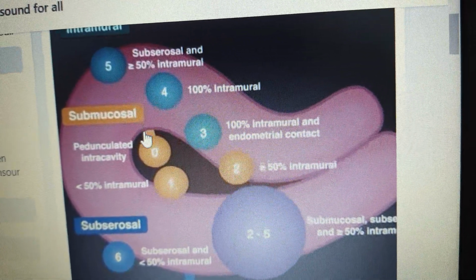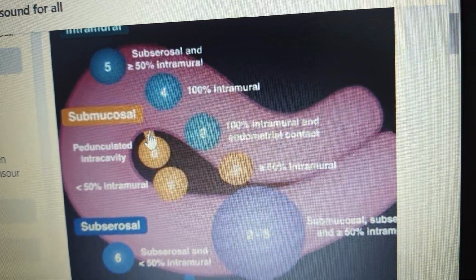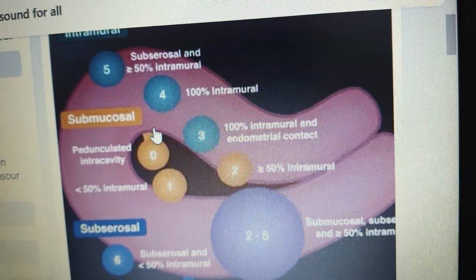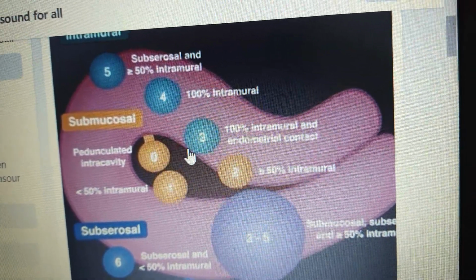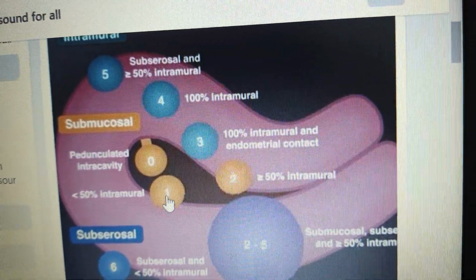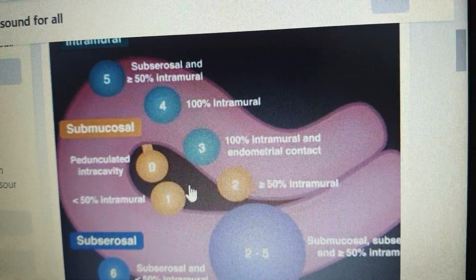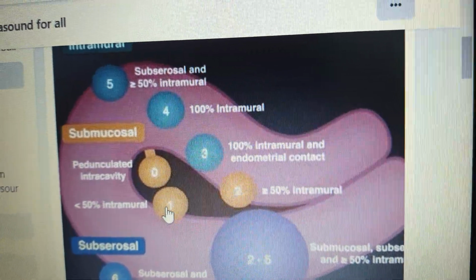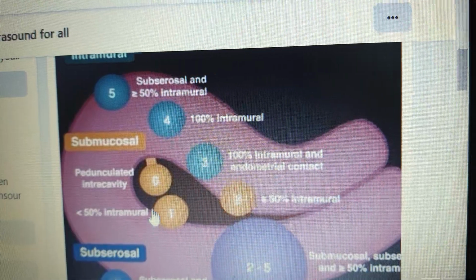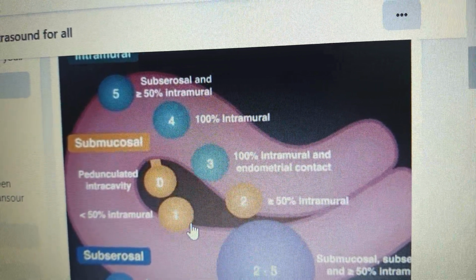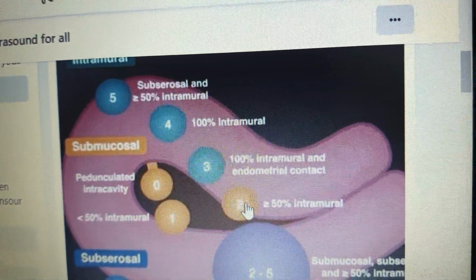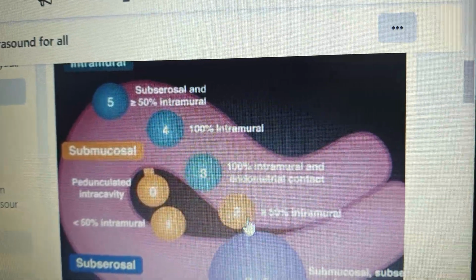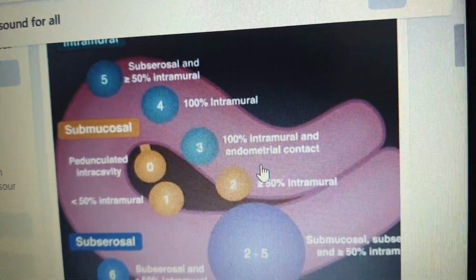When it is a pedunculated polyp, this is stage 0, in which the whole polyp is inside the endometrium. When you have more than 50%, less than 50% intramural, so more than 50% is in the cavity. And when less than 50% is inside the cavity, so more than 50% is inside the myometrium.